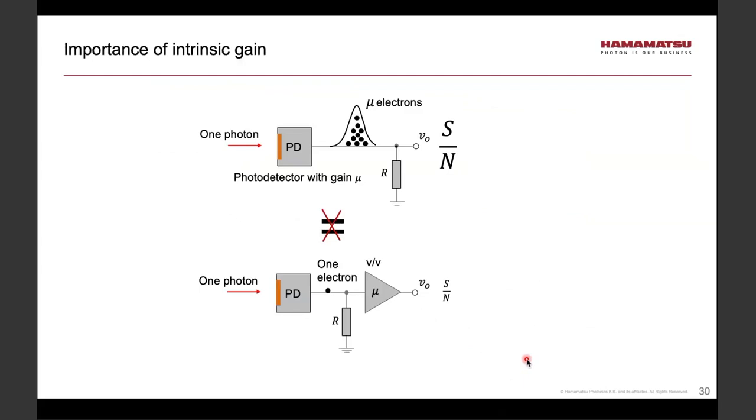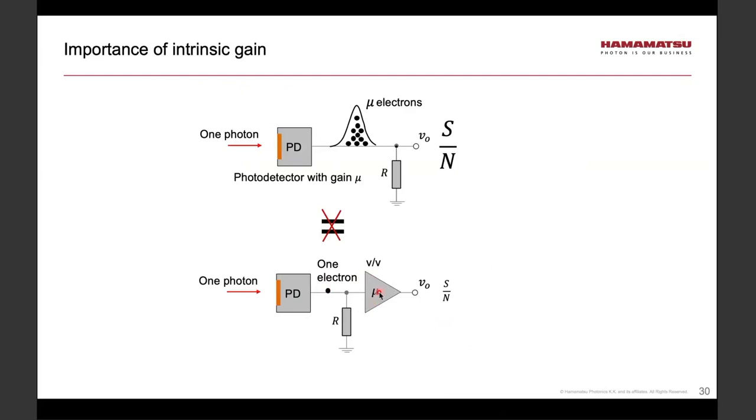Now, this slide reminds us why intrinsic gain is advantageous. We have two situations where the photodetector in the top panel has intrinsic gain mu, and in the bottom panel it does not. So the gain here is 1, but we have a voltage-to-voltage amplifier with gain mu.